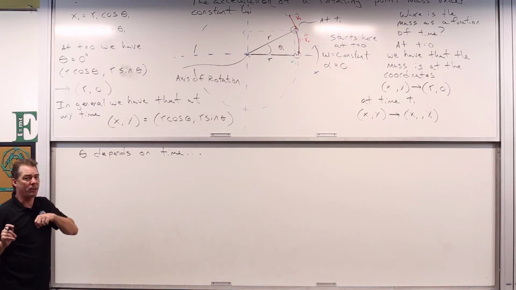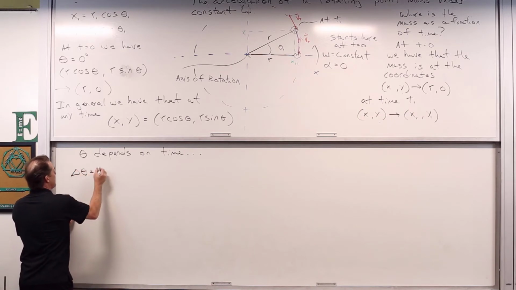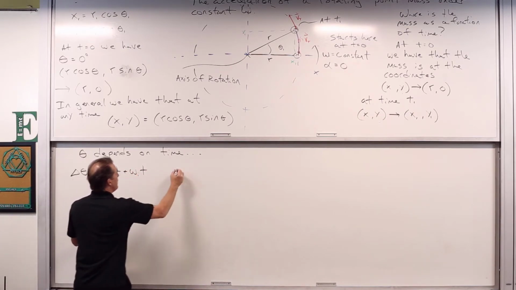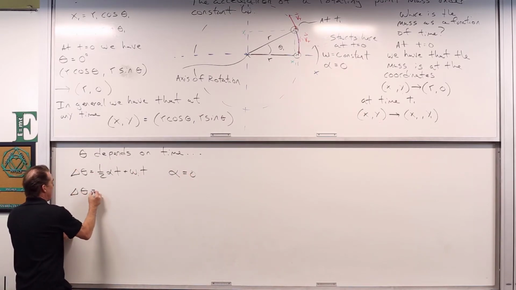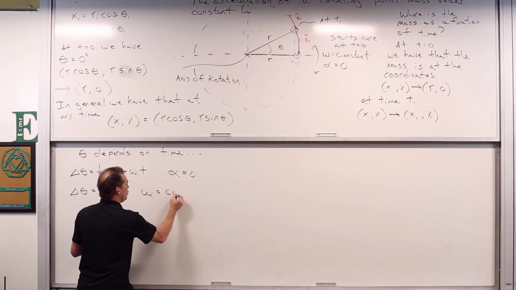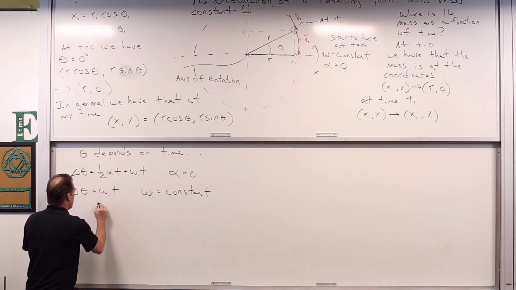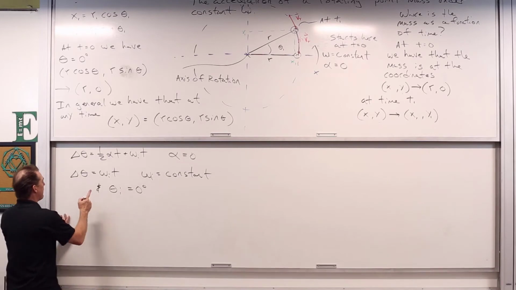Well, we can go back to equations of motion for constant angular acceleration. Delta theta is equal to 1/2 alpha t squared plus omega initial times t, but we've already said that alpha is equal to 0, which means that delta theta is equal to omega initial times t, where omega initial is a constant, and theta initial was equal to 0 degrees. So what do we get with this?